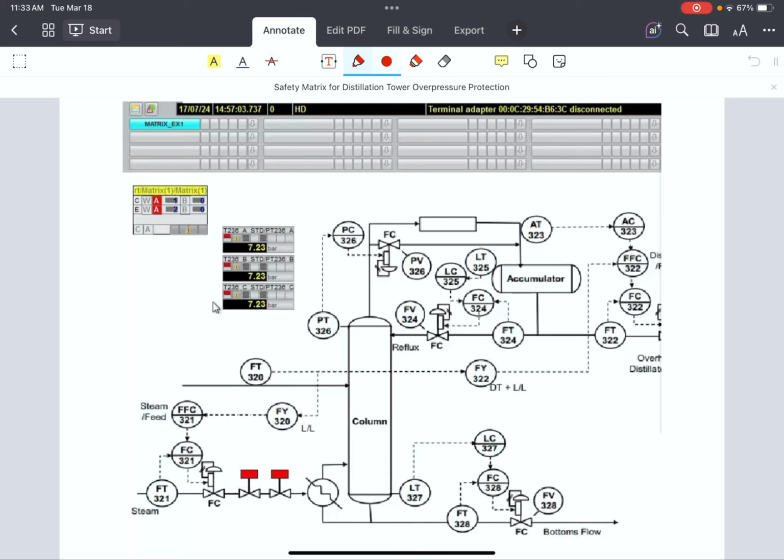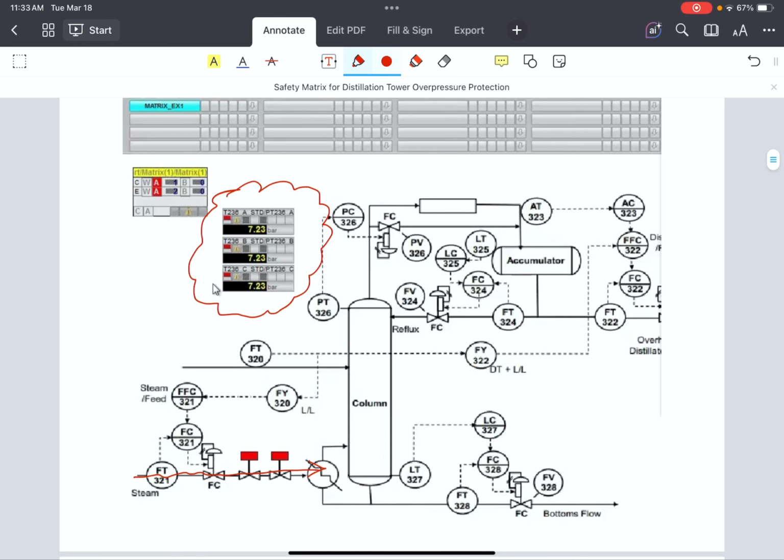we try to monitor the pressure of the column. The pressure of the column is monitored by 3 transmitters, and the flow of steam can be shut down if we encounter overpressure.